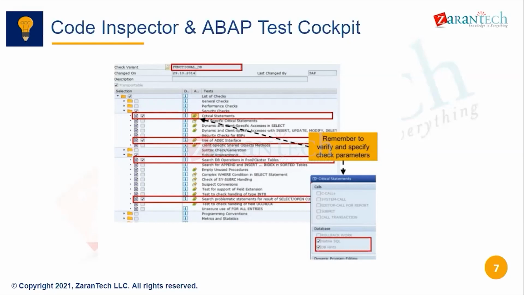We have a few important variants which we need to use when using the Code Inspector or ABAP Test Cockpit. You can see in the screenshot that the check variant I have used is function_db. Once I execute this variant, I can see a different set of values, and I can see all this stuff.